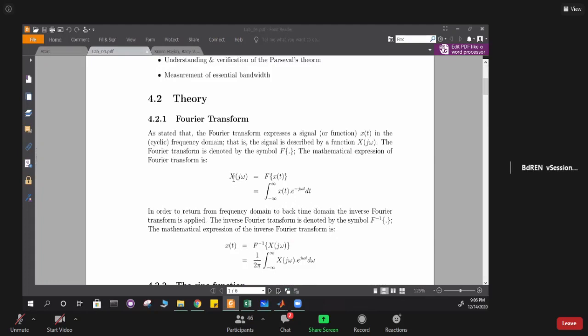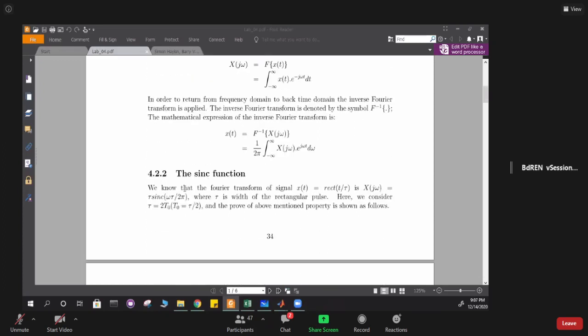In the previous class, I said there is a Fourier series pair. Similarly, we have a Fourier transform pair. So X(j omega) is the representation in frequency domain. If we have x(t), we can calculate X(j omega) using this equation, and also if we have X(j omega), we can go back to the time domain.